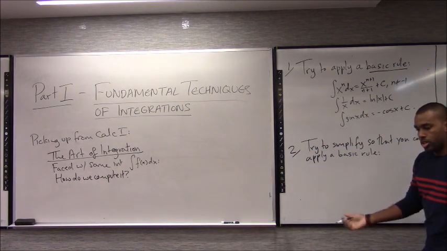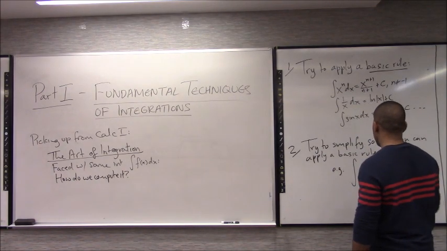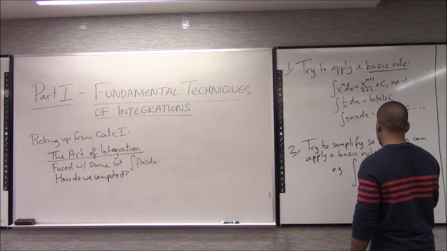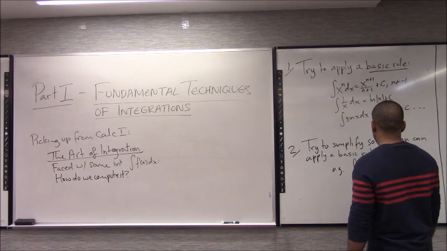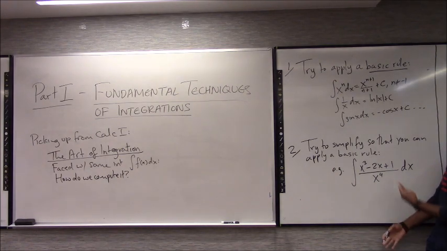So sometimes an integral comes to you and it doesn't look like something you have memorized. Right? So you see that. Now, one thing you'll try to think is, well, is there a basic rule that I know that can deal with that guy?